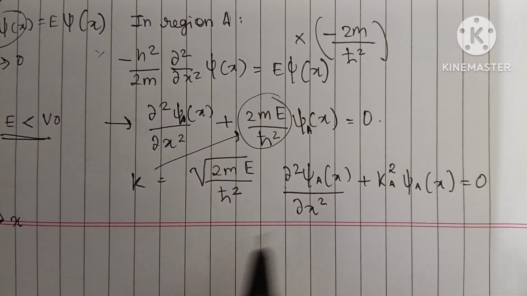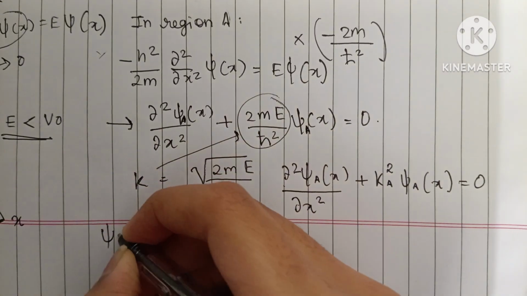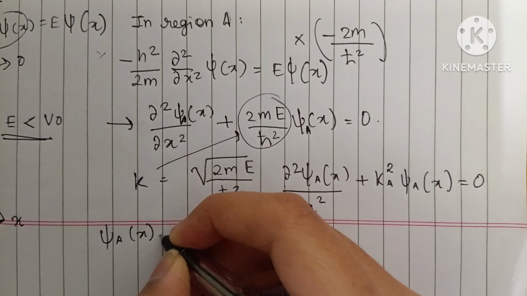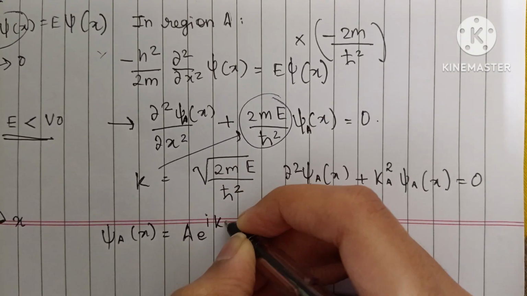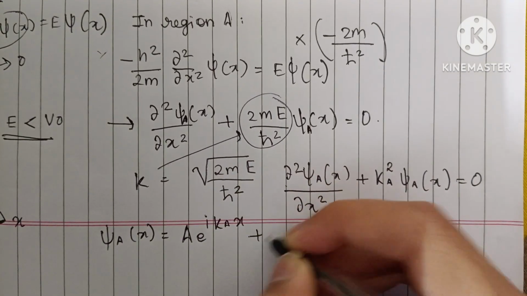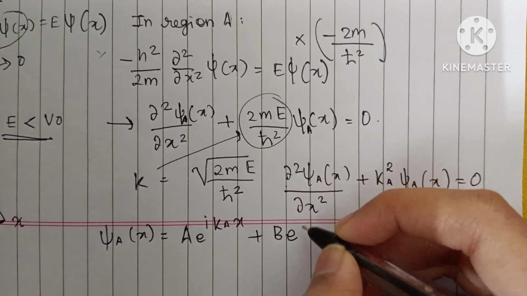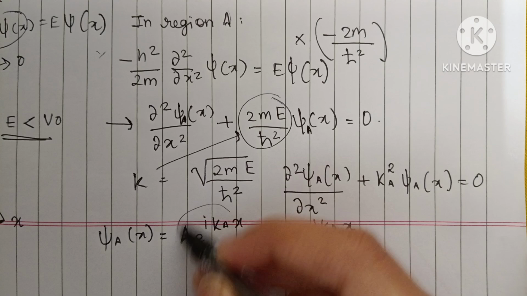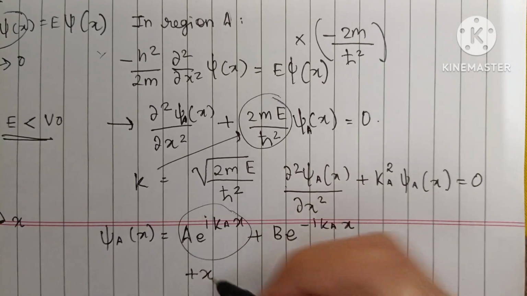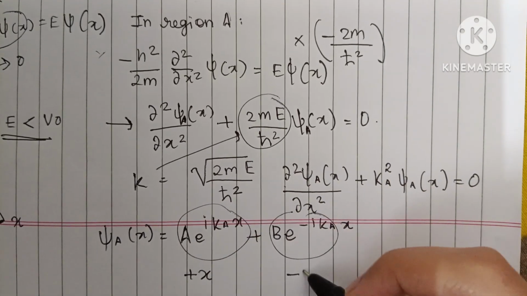Now we write the solution for the second order differential equation. Psi a of x is equal to A e power i k_a x plus B e power minus i k_a x. And this is along the positive x direction. This is along the negative x direction.